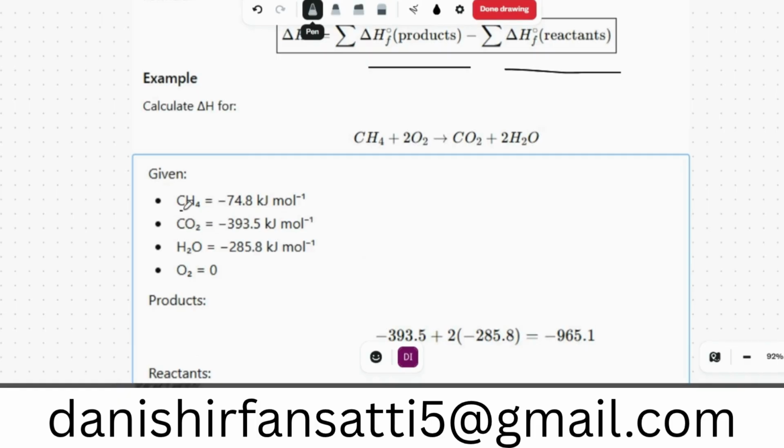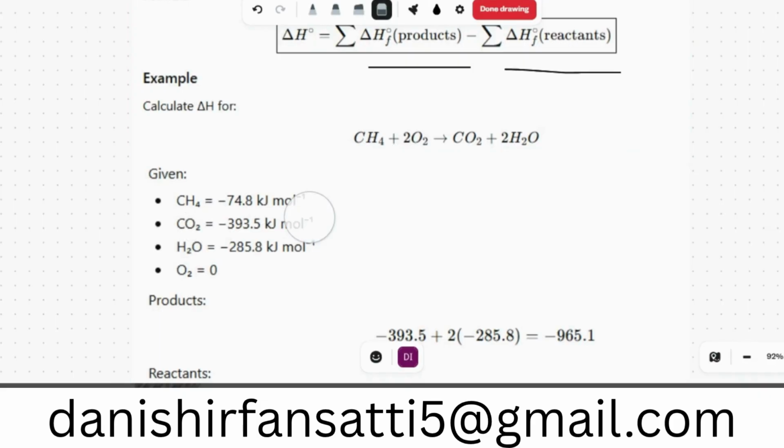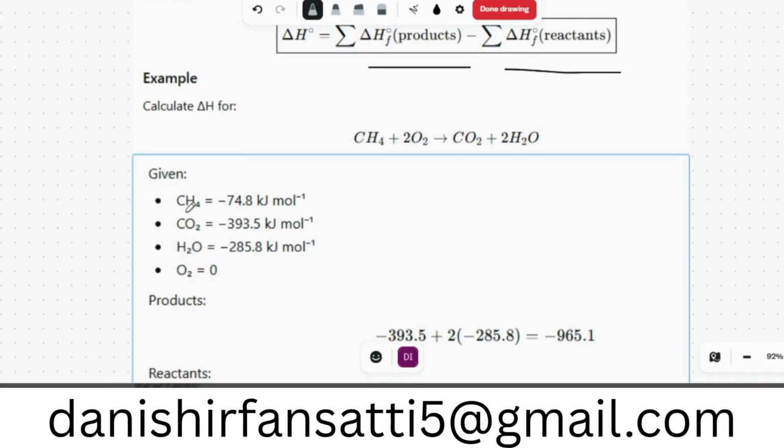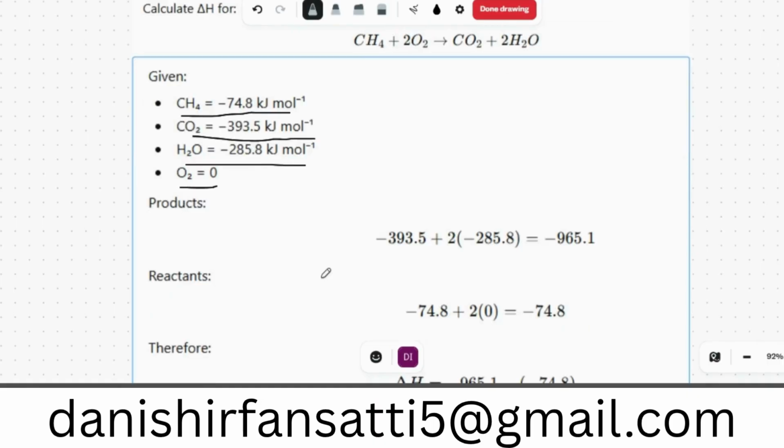The delta H f of CH4, methane, is minus 74.8, CO2 is minus 393, H2O is minus 285. O2 is an element, a diatomic molecule, so that would be 0.